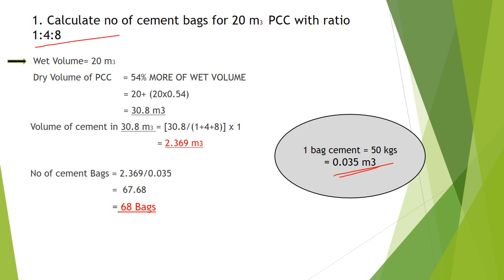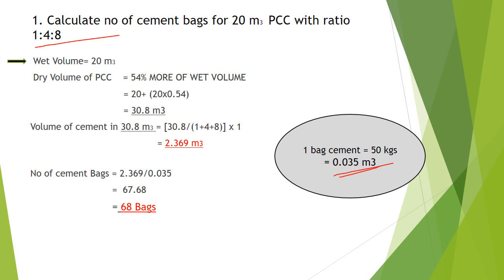We need to find out the volume of cement as we need to find the number of cement bags, which is equal to the total dry volume divided by sum of all the ratios, into the ratio of the cement in it, which is 30.8 divided by 1 plus 4 plus 8, into 1, which comes to 2.369 meter cube.